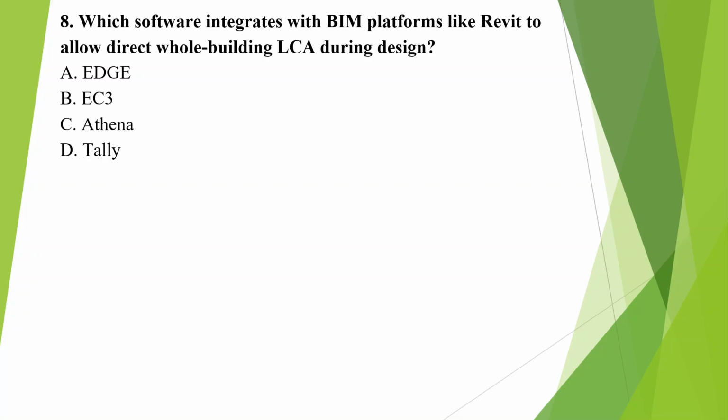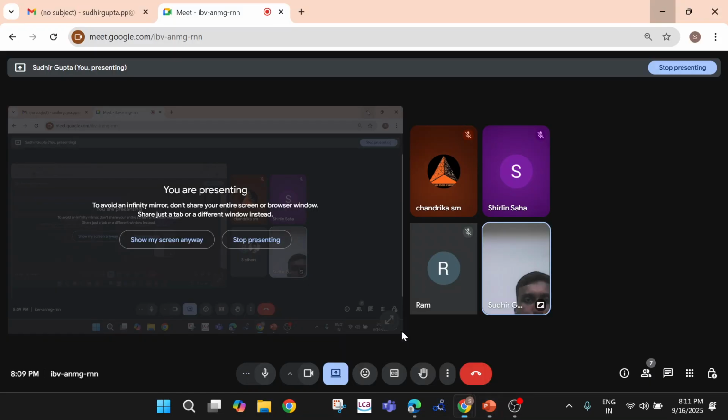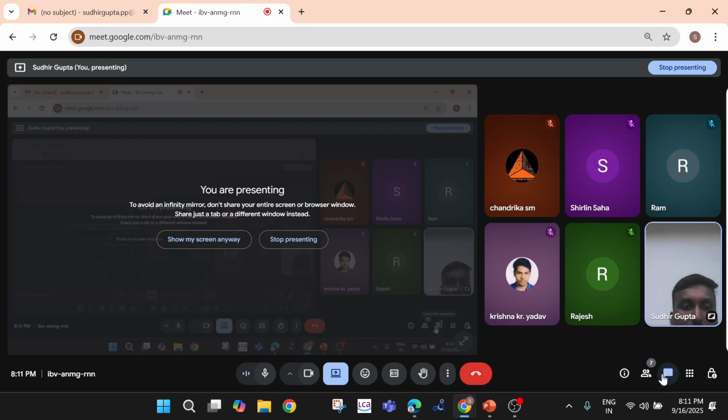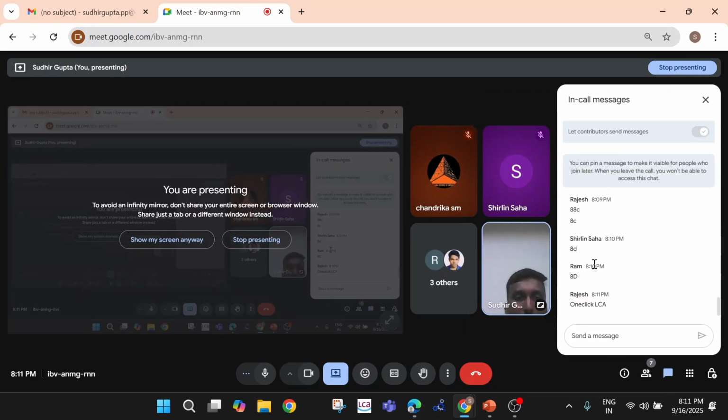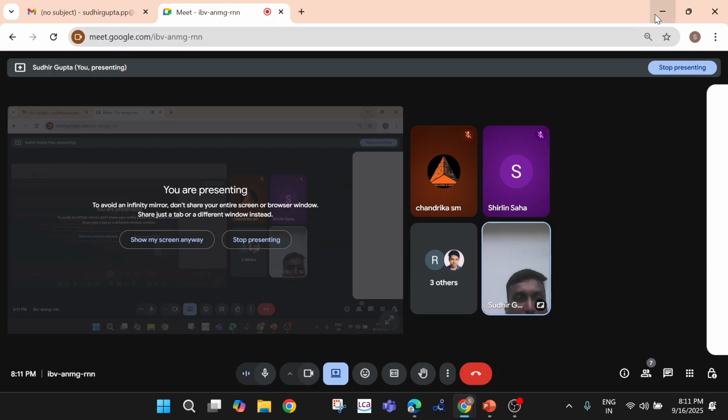So let me discuss. It's good to see that all of you have tried your level best. As I can see, Chandrika and Rajesh marked C, but Celine and Ram marked D, and Rajesh is saying One Click LCA.